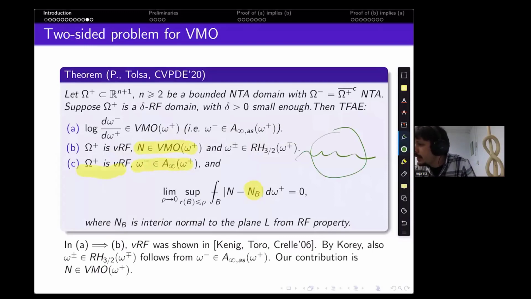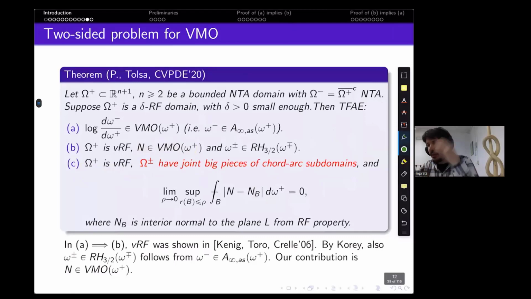So you have a domain here, you have the best plane, and this normal vector, which is the normal to the best approximating plane, this is what you put here. Okay, you don't need to compute a mean. So this is a geometric thing here. And this is quite geometric because we already have that this is equivalent to omega plus and minus having joint two-sided John subdomains, as I have told you before.